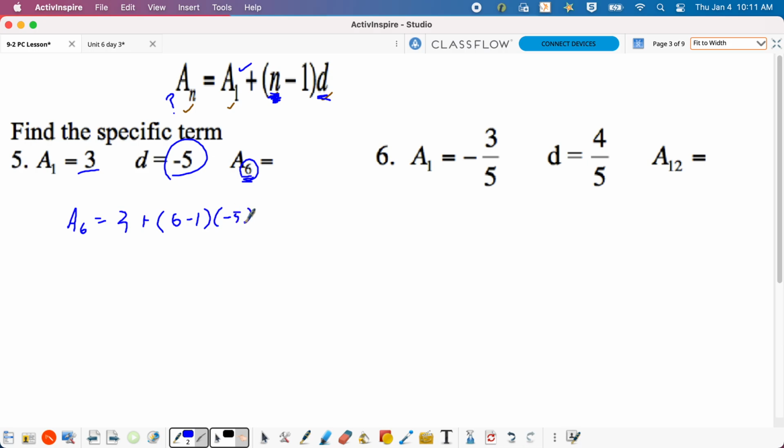So I have everything I need, so I'm going to go through and do my math. In the 6th term of this sequence, if I go from a 3 and I keep adding a -5 until I get to my 6th term, it's going to be -22.